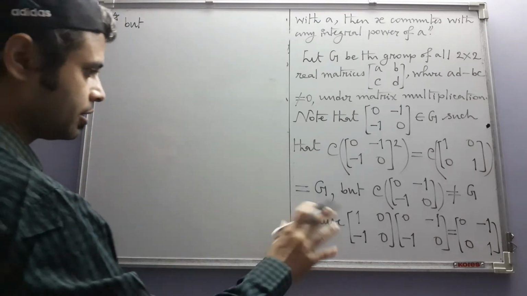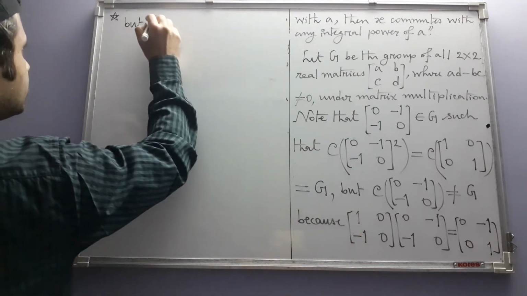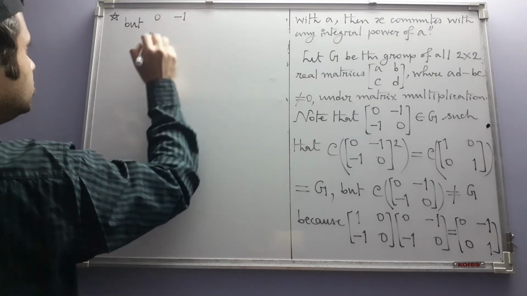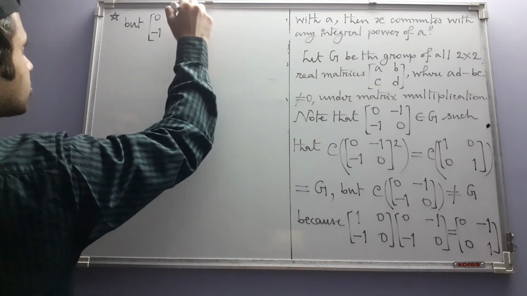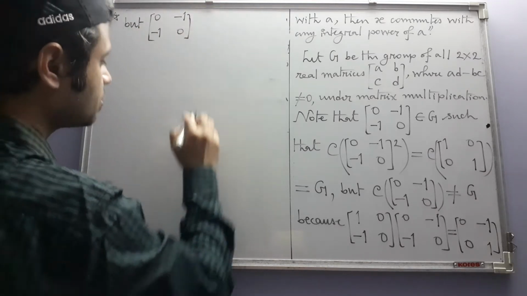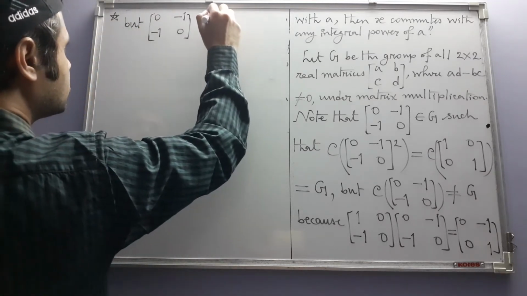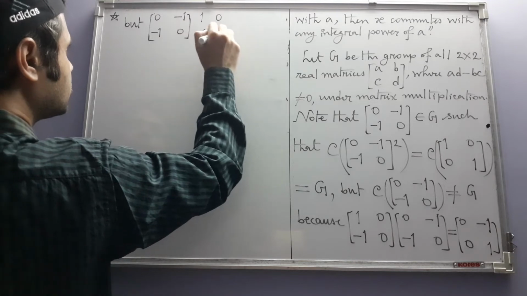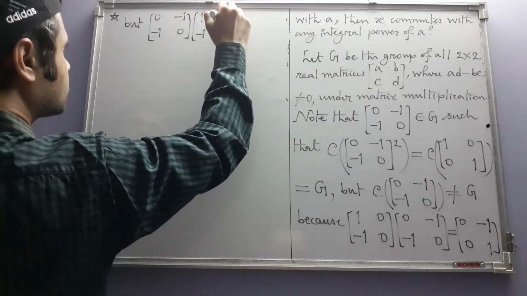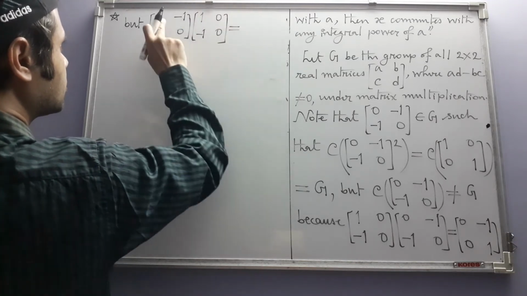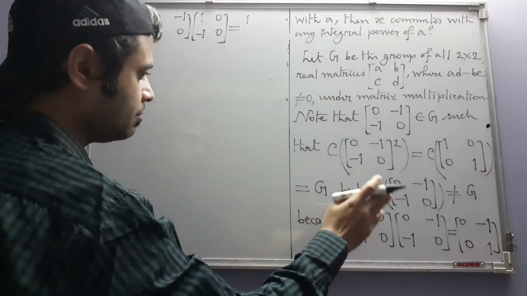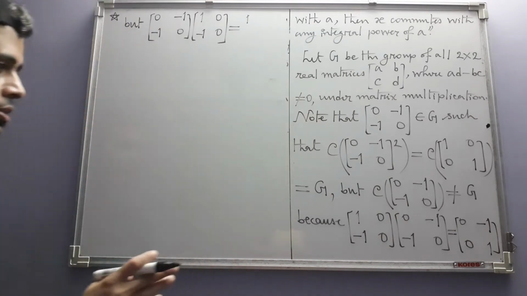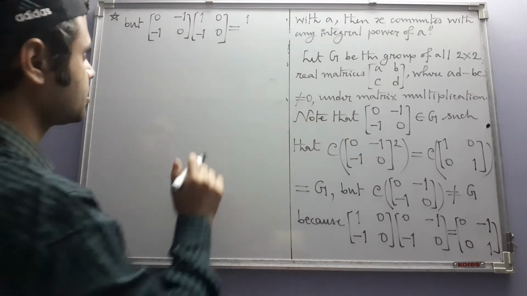But if we change the order, 0 plus 1, 1. See, in the very first element, in the first row, first column, the matrices are different.